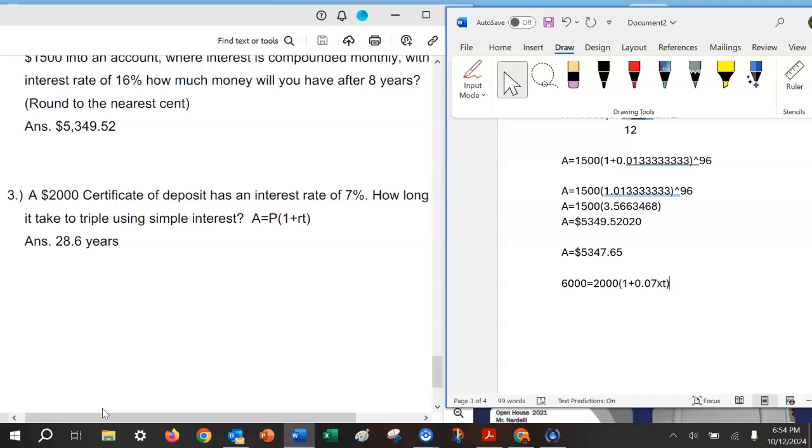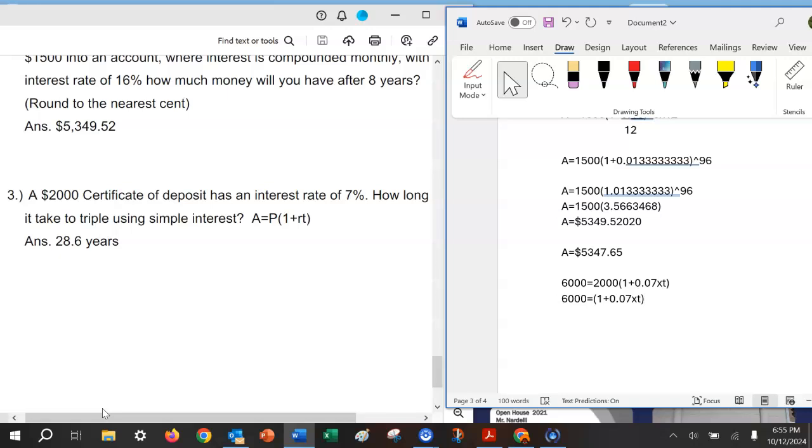So we'll do a little bit of solving. 6,000 equals 2,000. Now, what I have in here, I have the 1 plus the 0.07. What I need to do is get my, so I'm going to actually backtrack. I'll show you how I'm going to do this. I'm going to keep this in parentheses form. t.